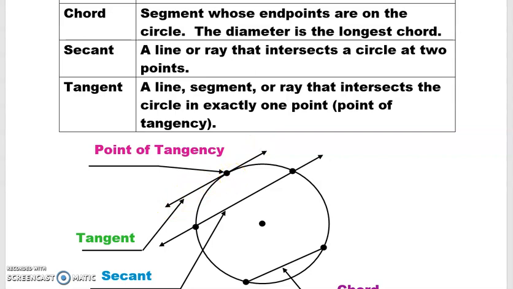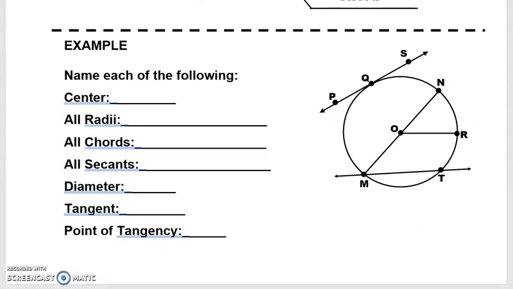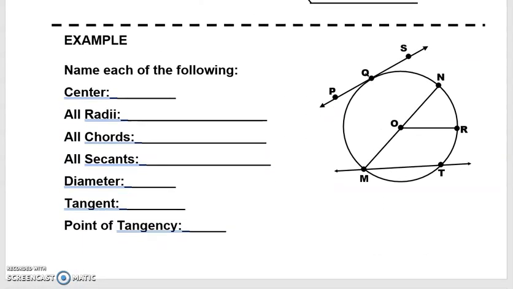Okay, so let us use that information to fill out this example. Name each of the following. The center. Okay. Center is going to be right here in the center. That's O. The radii. Okay. Well, from the center to any point on the circle, so O to N, O to R, O to M. Cool.